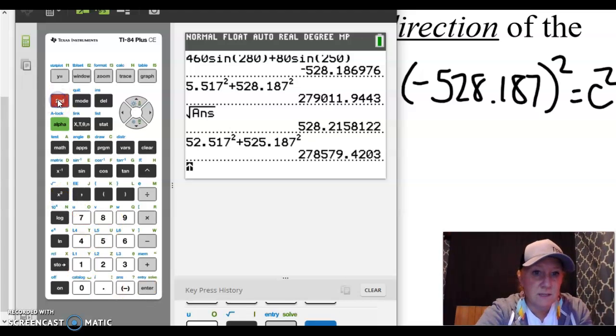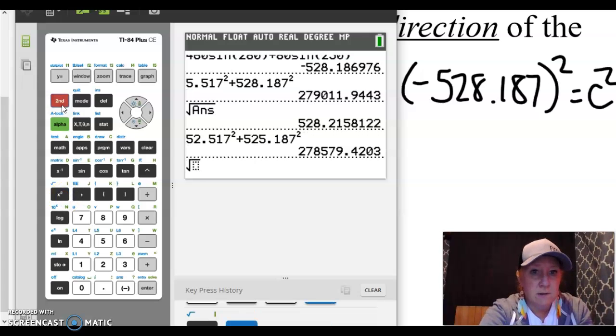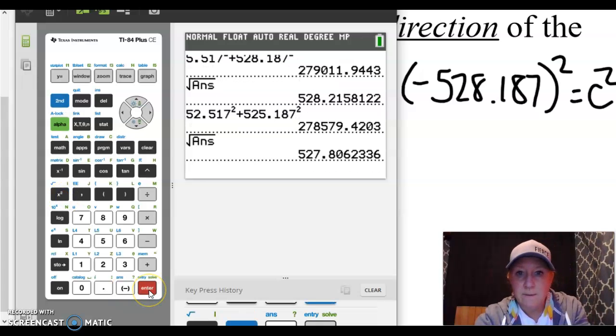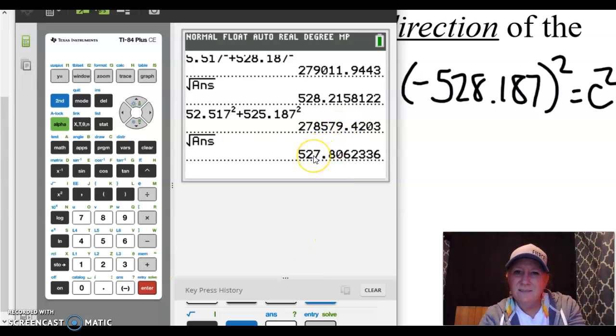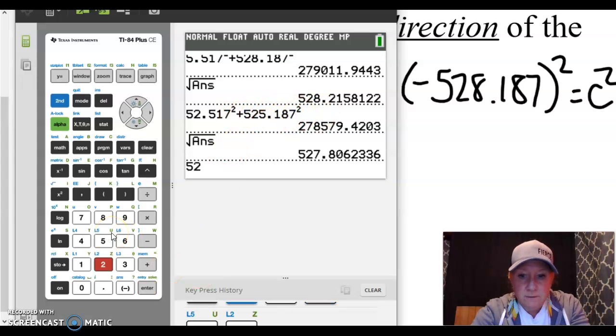Enter. Second square root, second answer. Okay, so about 527. Is that what you got? I see, I mistyped something again. Oh my gosh.